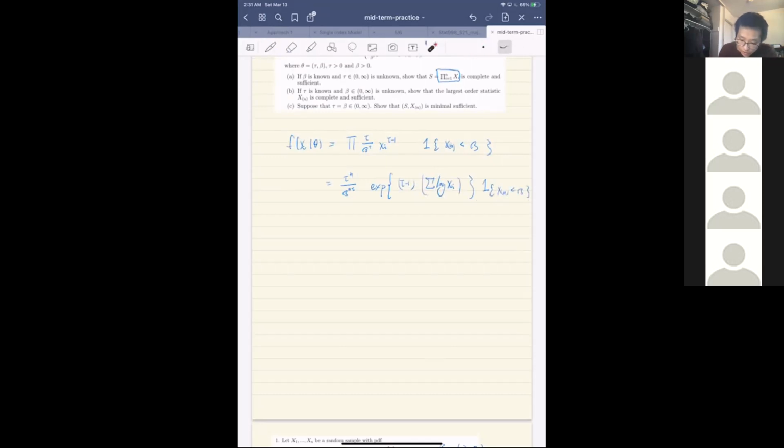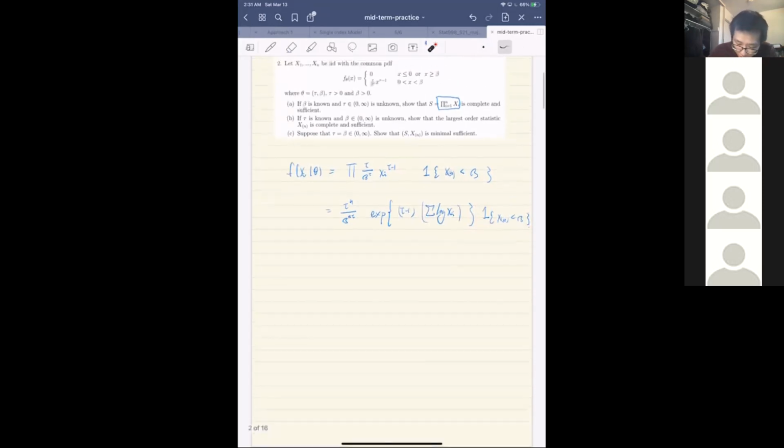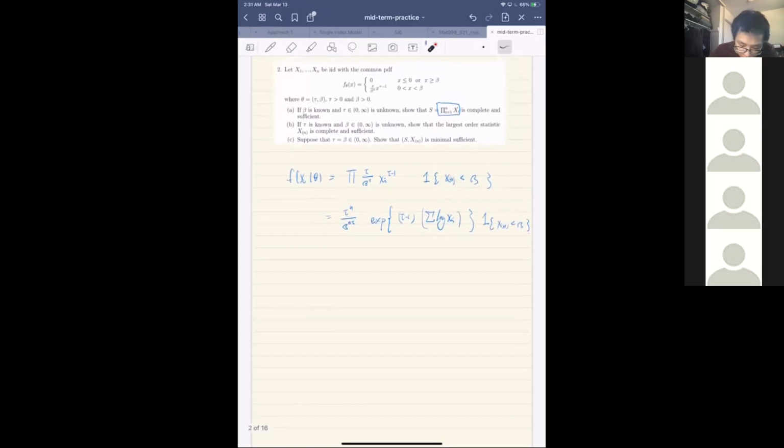Do we need to know that the value is larger than zero? Here we ignore this one, because it is independent. It does not depend on the parameter, so not on theta. We only care about when your domain depends on the parameter.